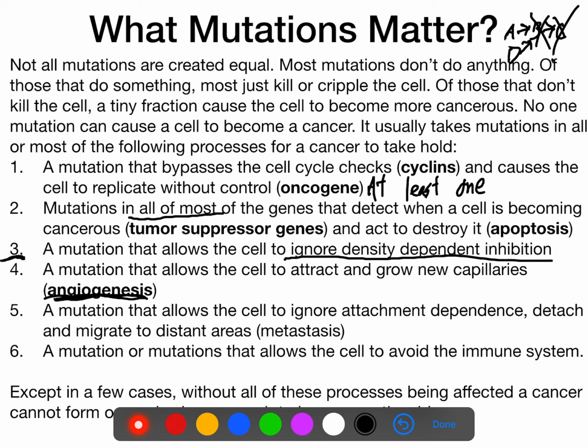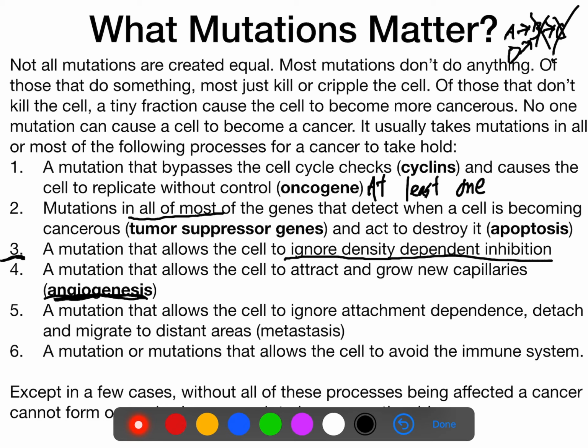This mutation has to allow the cancer, or the tumor, to send out a chemical signal that will cause the body to build new capillaries inside of it. This process is called angiogenesis. Angio means blood vessel, genesis means to begin.